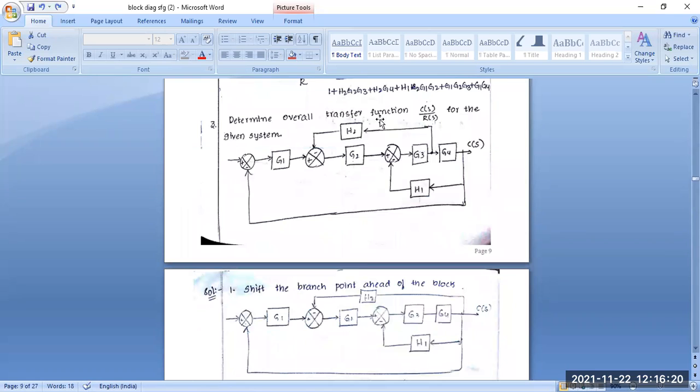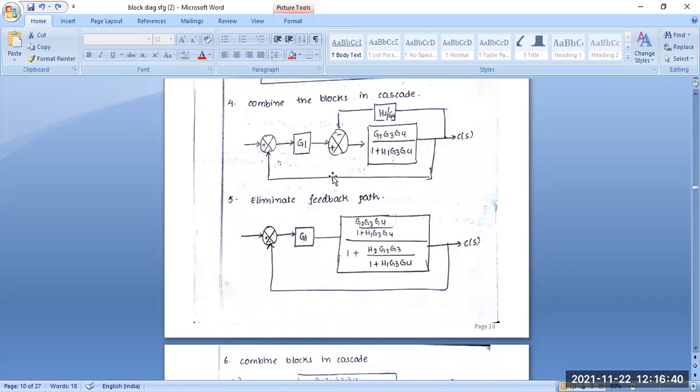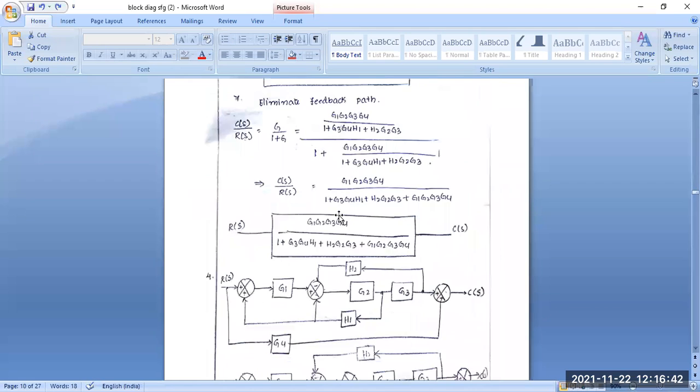That means you are given this type of combination of different types of blocks, different types of feedback, and different types of summing points. In this you have to convert this big block diagram into a transfer function. After applying the different rules of the block diagram reduction technique, you finally calculate the transfer function of the given problem.